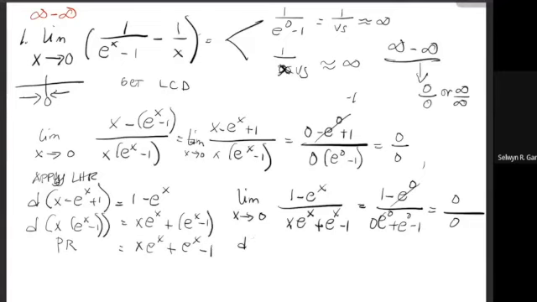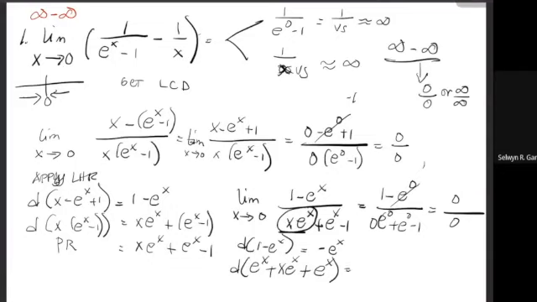So we get the derivative of 1 minus e to the x. The derivative of that is negative e to the x. What's the derivative of our denominator? We have here a product rule. So we have the derivative of x is 1 times e to the x plus x times e to the x. That's the derivative for the first term. Plus the derivative of e to the x is still e to the x. The derivative of negative 1 is 0.